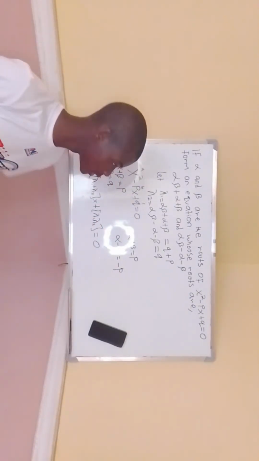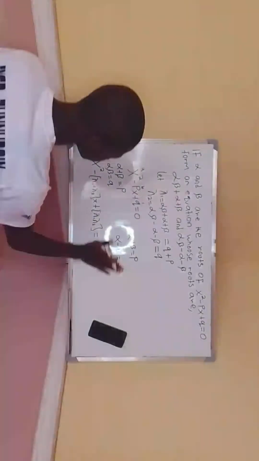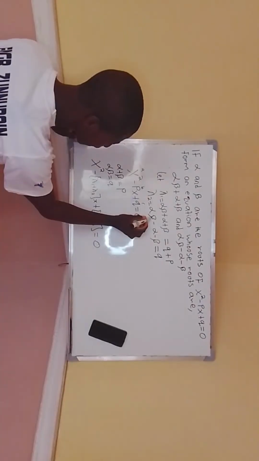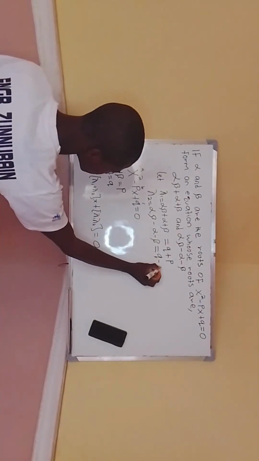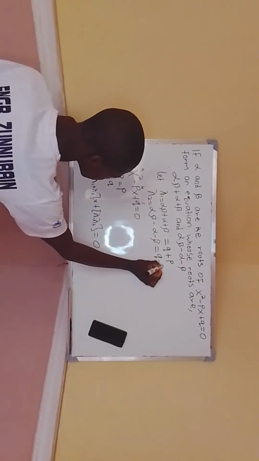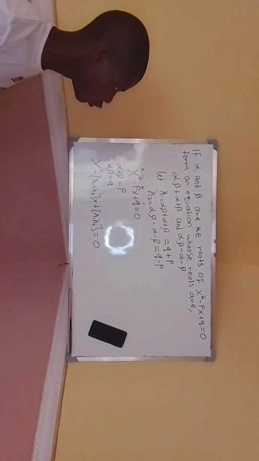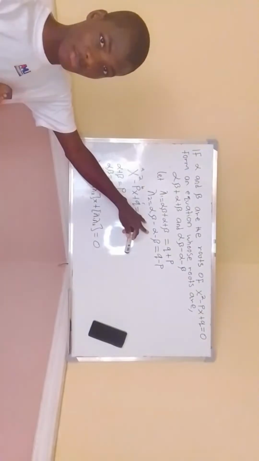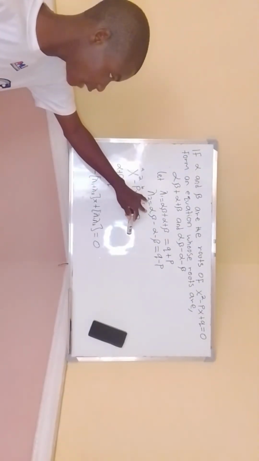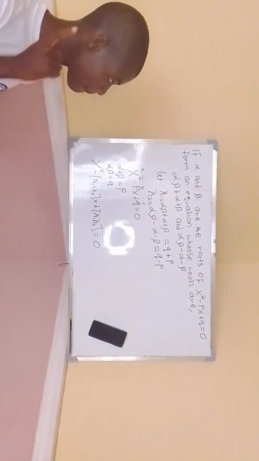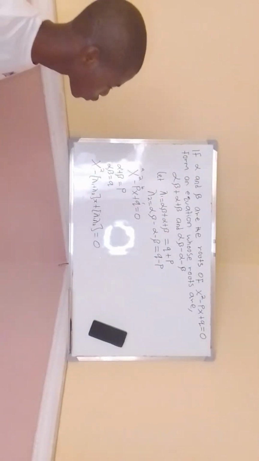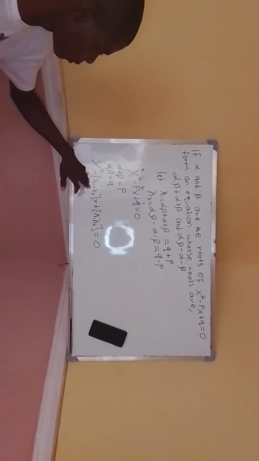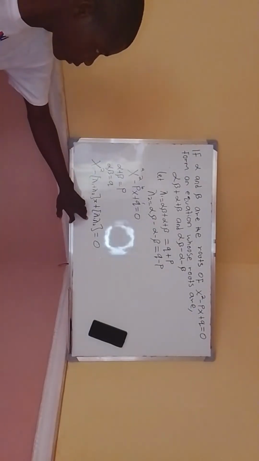I hope you get it. So alpha minus beta is minus p. This is the value of lambda 1, and this is the value of alpha beta minus alpha minus beta, lambda 2. The next thing is to sum these and find the product.